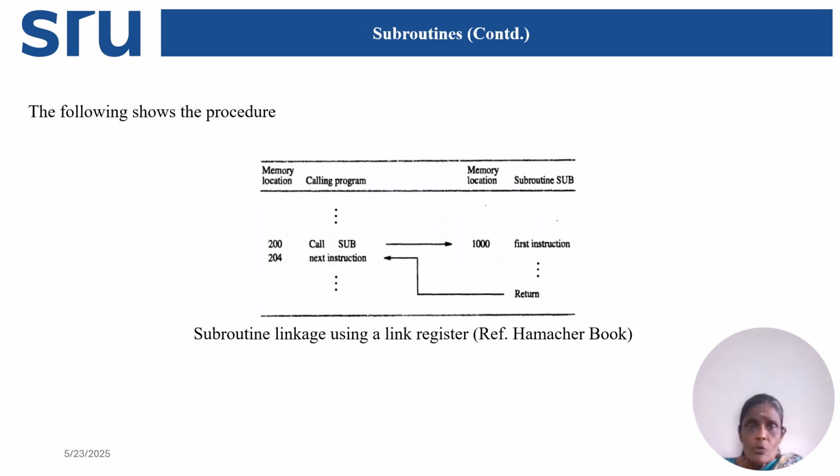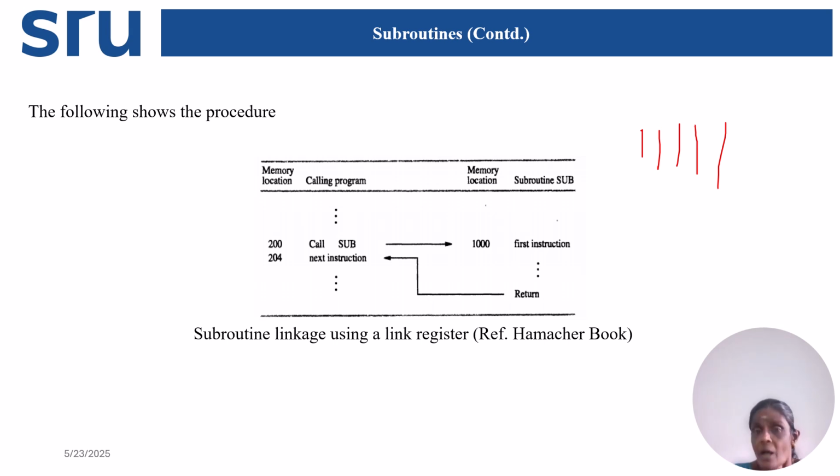And next one, whatever I have explained is diagrammatically given here. So the memory location is continuously moving on 200, 201, 202, 203. Normally in the stack it is 0 to 3, 4 to 7 in that way, 4 bits.